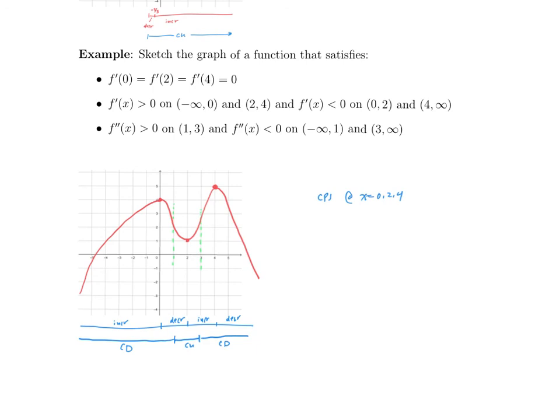So this is one example of a function that will satisfy the properties given above. You could have sketched something that looks somewhat different than this, but you very easily should be able to pick out these 2 local maximums, a local minimum, and roughly get in there where you have that change in concavity. So take some time, practice multiple examples.